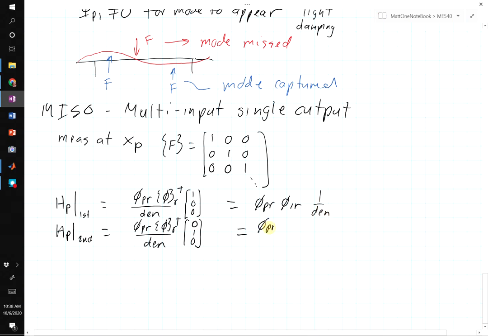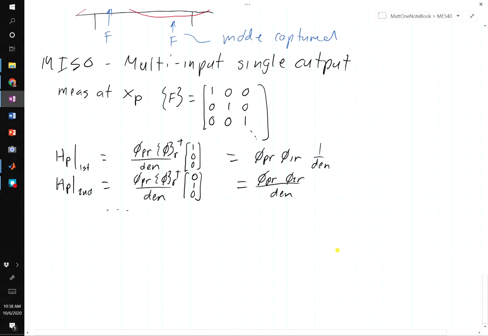So in this case, we'll have phi PR, phi 2R over the denominator, right? And so we can keep on going. And what if we collect all of that data together? We put it all into a vector: HP for the first, HP for the second, and so on.